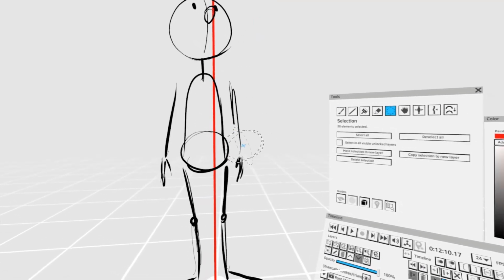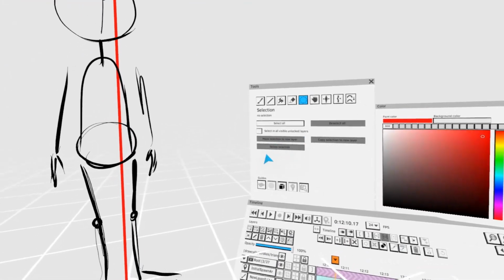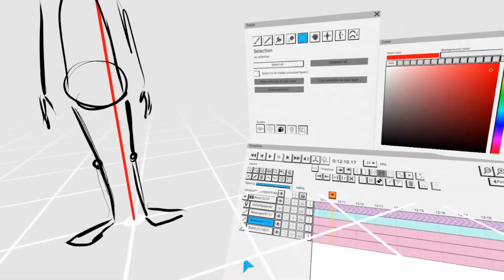You know what? Let's keep this in a separate layer. It'll be easier to do that, right?